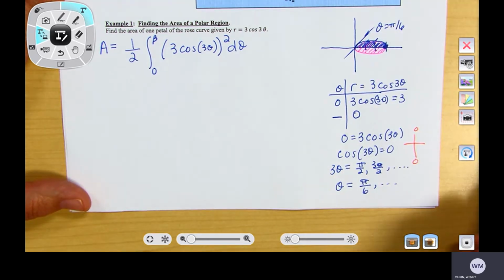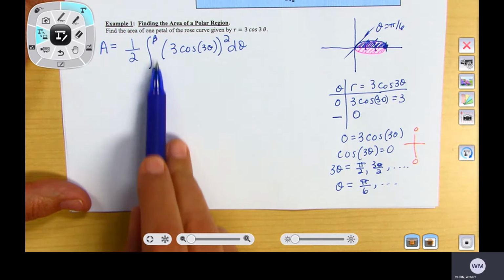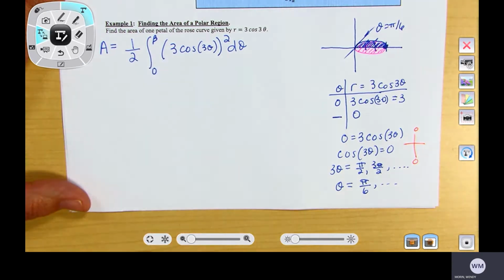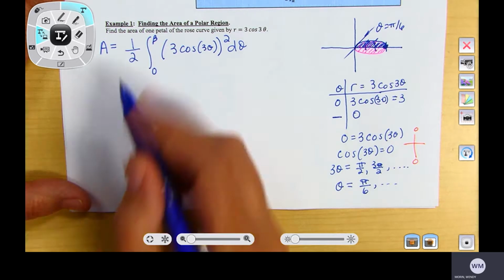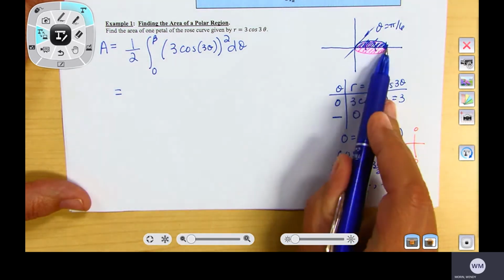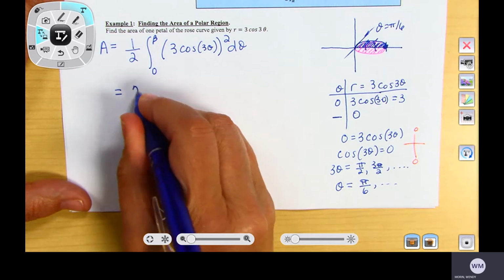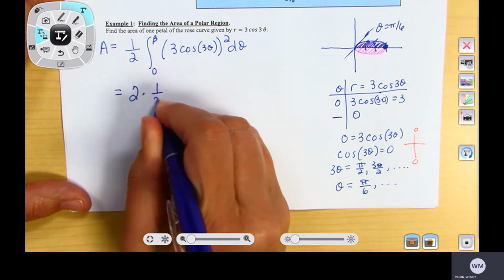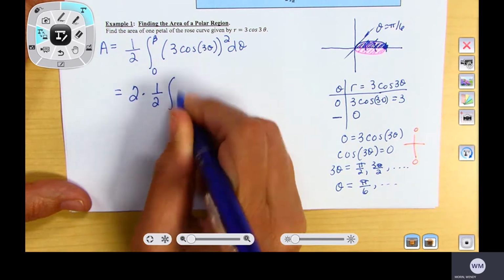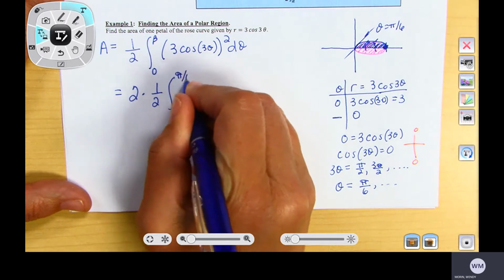So can I integrate this from 0 to pi over 6? Would that give me the answer that I'm looking for? Well, no, it wouldn't. But it would give me half of the area of my petal. So how about I just double it, and I go from 0 to pi over 6.